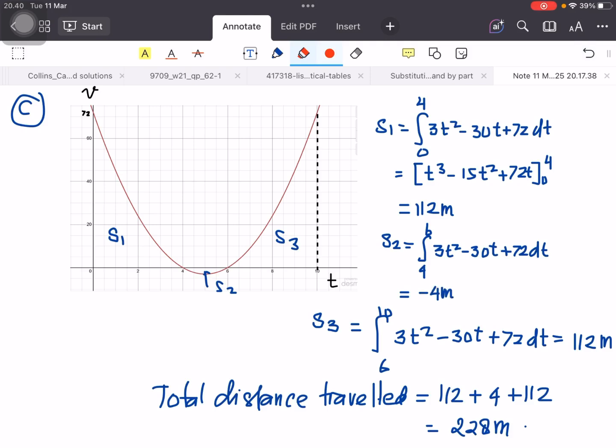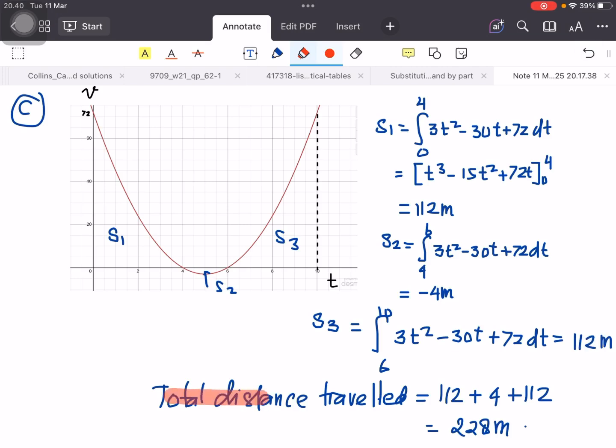And then for S3, do the same integration with lower limit 6 and upper limit 10. And we can find that the value is 112 meters.